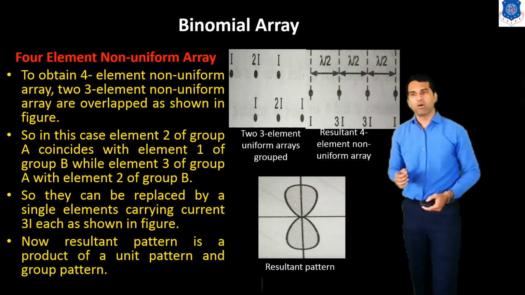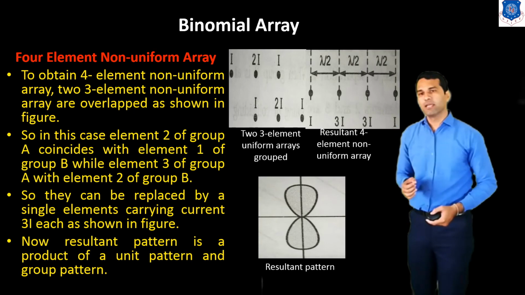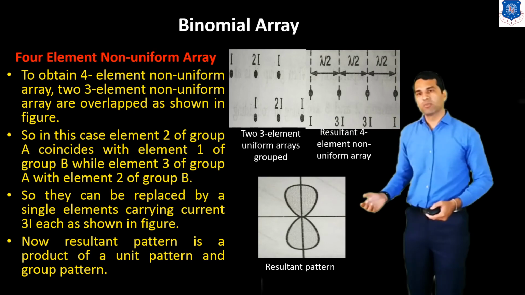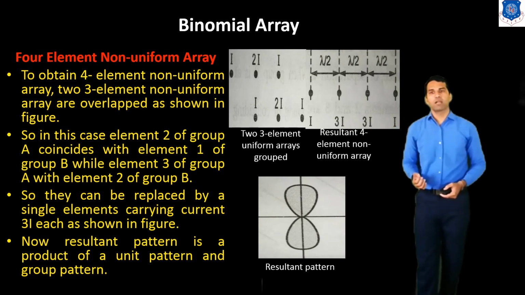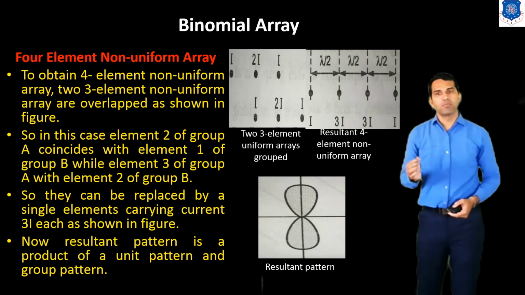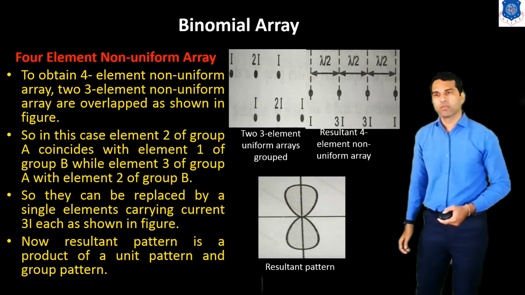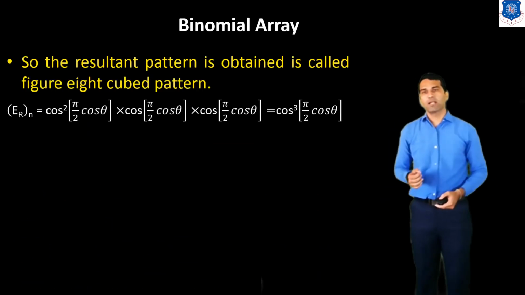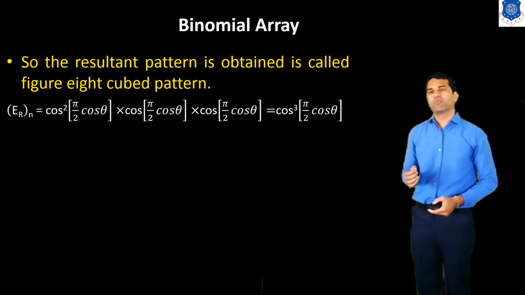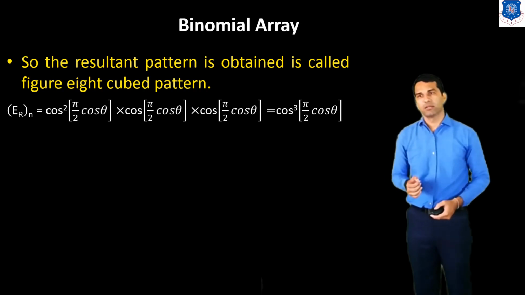The resultant pattern is a product of the unit pattern and group pattern. So for the ratio of the current we can write 1 : 3 : 3 : 1. The resultant pattern obtained is called a figure 8 cube pattern.